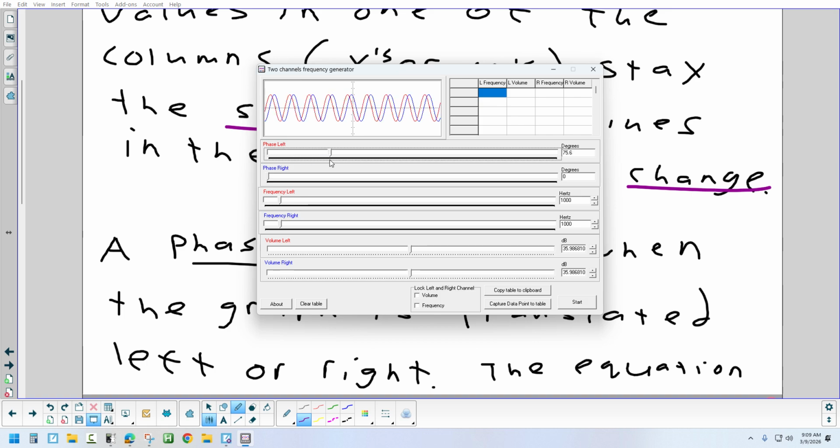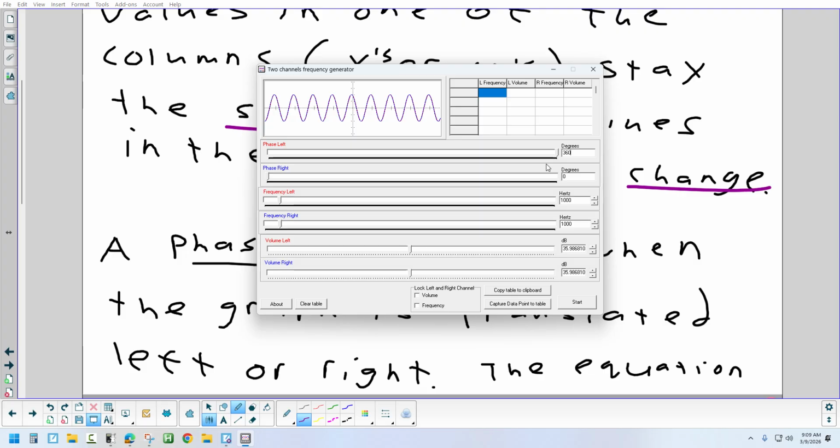So what I can do, I might have to do it over here, but notice if you look at the wave right now, that red wave is sliding to the left. Eventually, if I slide it enough to the left, it lines back up with where it started. And notice the amount, I don't know if you can read it right there, but the amount that I have to slide it so that it lines up exactly back where it started is 360 degrees or one full cycle.